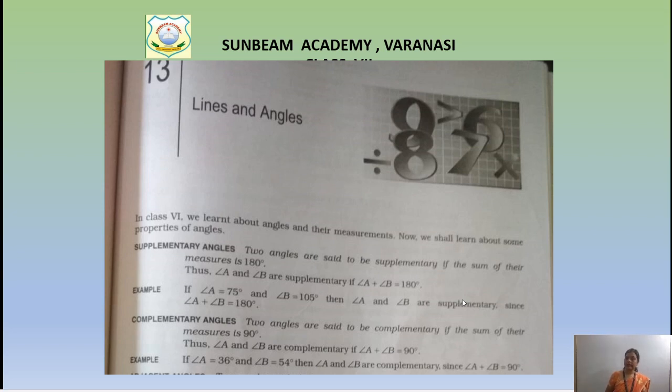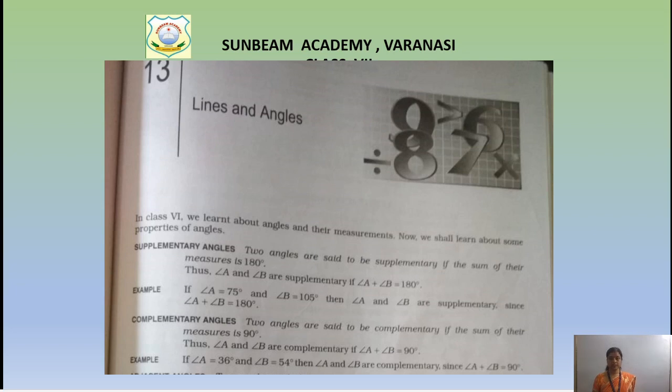Two angles are said to be supplementary if the sum of their measures is 180 degrees. Complementary angles: two angles are said to be complementary if their sum is 90 degrees. It's not compulsory that they are adjacent angles. No, we will take any two angles, and if we add those angle measures and their sum is 90 degrees, then they are complementary angles, children.